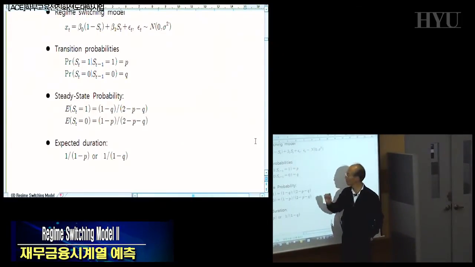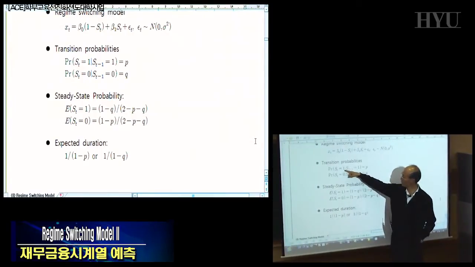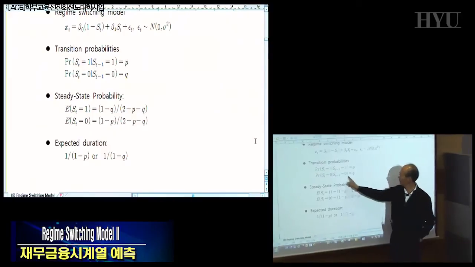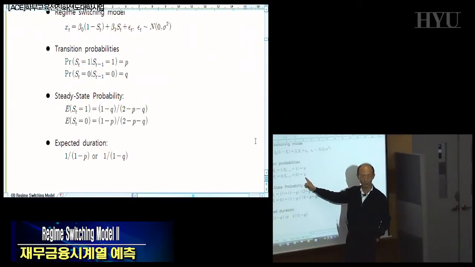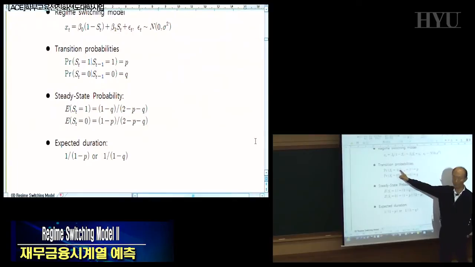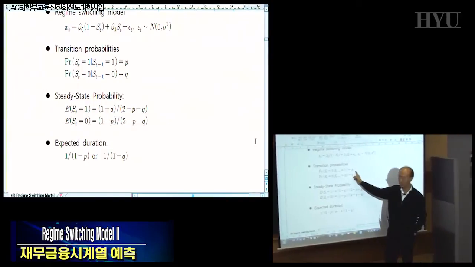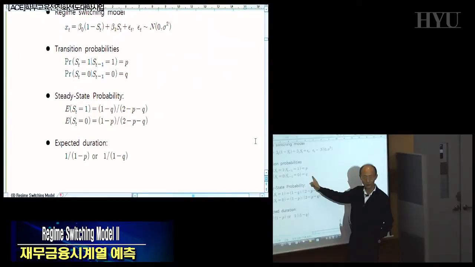Similarly, when we assume just 2 states, in this case 0 and 1, staying in the same state 0 could be q. Then what is the probability that it switches from 1 to 0? 1 minus p, right? 0 to 1, 1 minus q, right?